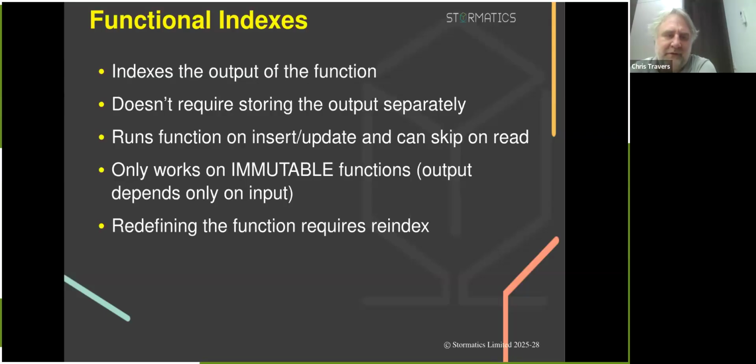So if you have something that's relatively expensive to run, then this allows you to optimize so it gets run once when you insert, and then it can skip it on read unless it needs to display the result. Although that's an interesting thing where it would be interesting to see if Postgres could be changed to pull the value from the index in this case as well. But I don't believe that's supported right now.